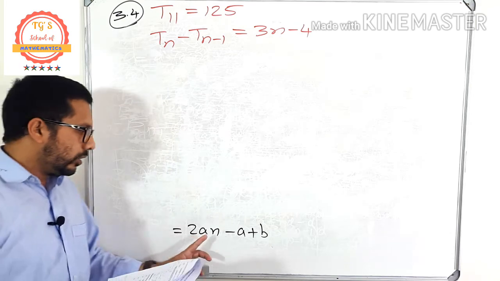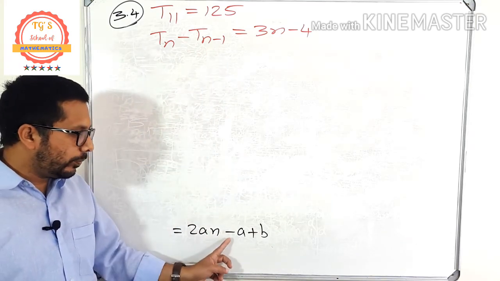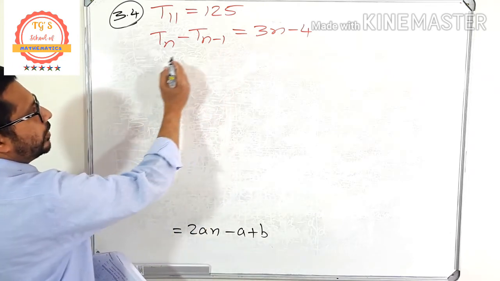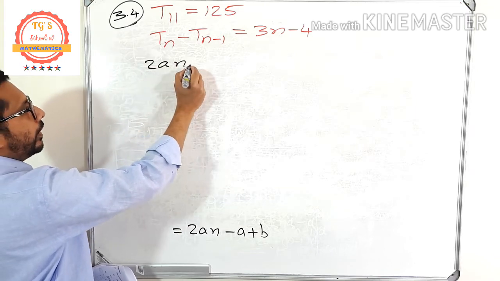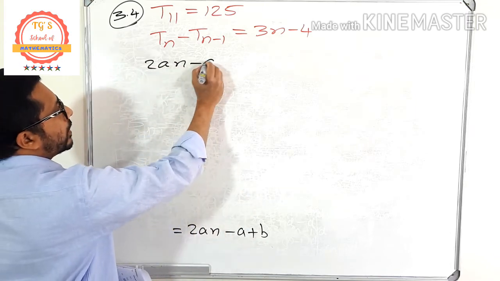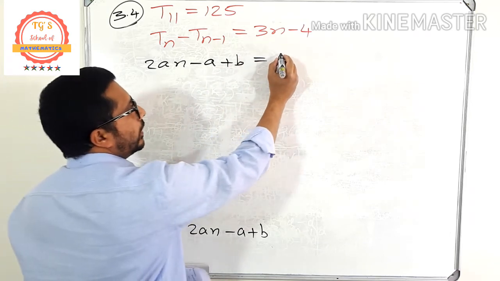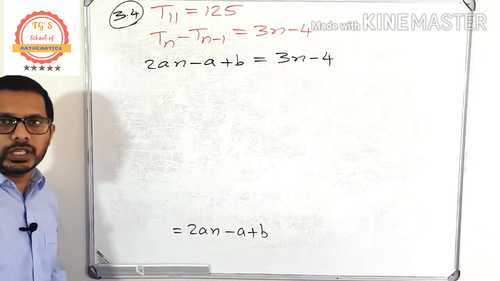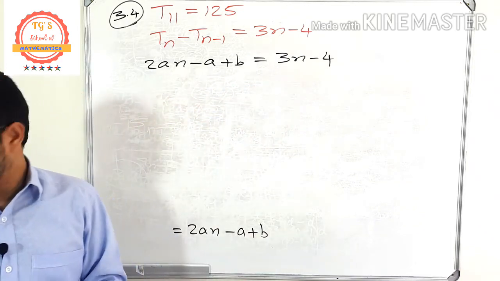Instead of this, I can write 2an minus a plus b, and it is given in the question that this is the same as 3n minus 4. So now compare these two. What can you see there?